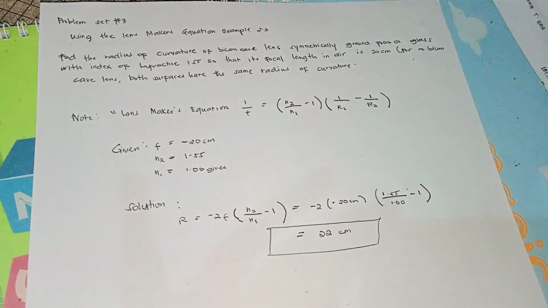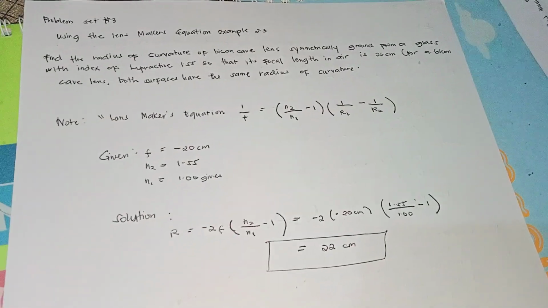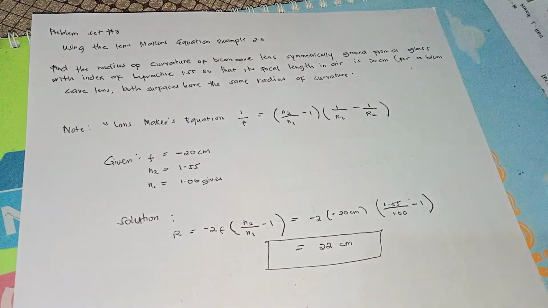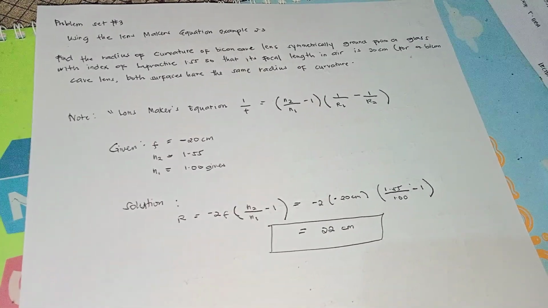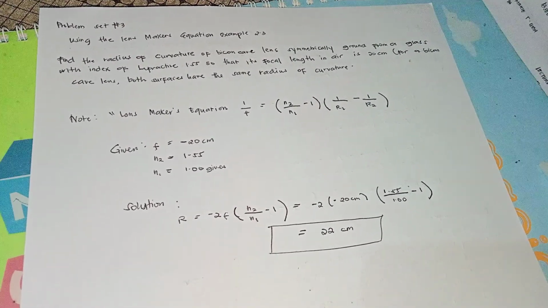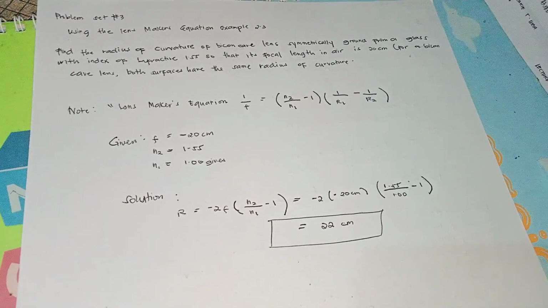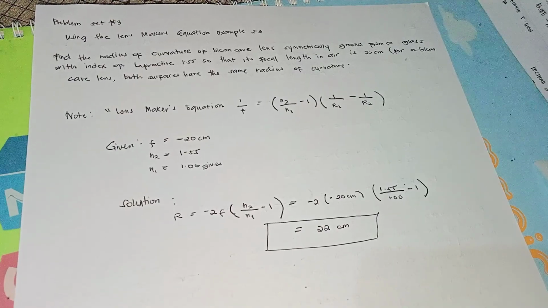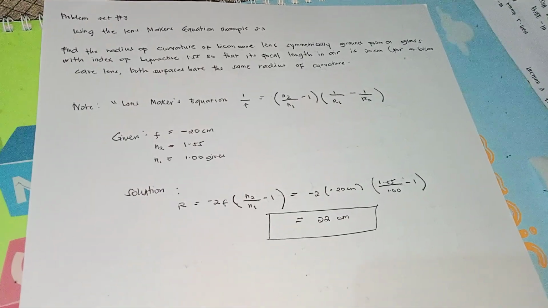So, continuation for problem set number 3, using the lens maker's equation, example 2.3. Find the radius of curvature of a concave lens symmetrically ground from glass with an index of refraction of 1.55, so that its focal length is negative 20 cm.